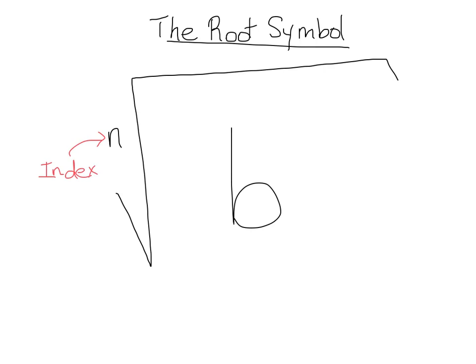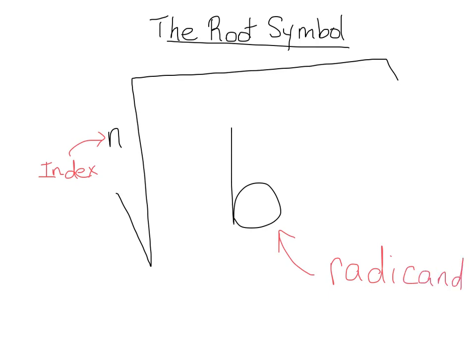So if I say we're doing a square root question, what is the index? The index would be 2 because it's square root. If I say we're doing a cube root question, the index is 3. So that's important to remember, that that's called the index. It is also important to remember that this is called the radicand. That's the number being rooted.